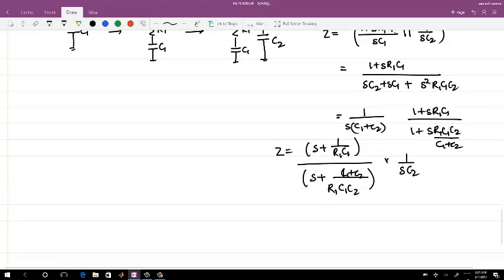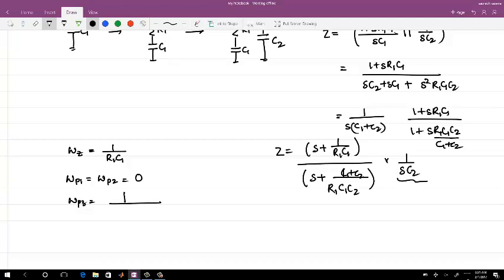So here, to begin, I have omega z, which will turn out to be set by R1 and C1, and from the integrator for the whole loop I have omega p1, one pole at s equals 0, one through Kvco over s, and omega p3 from R1C1C2 by C1 plus C2.